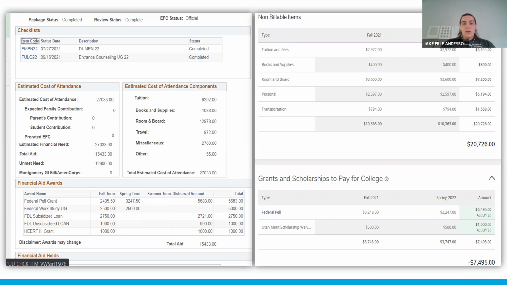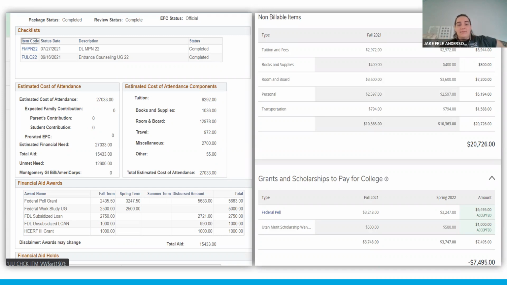With these two award letters, we have one from the University of Utah, and the other is from Dixie State University. The one on the left is University of Utah, the one on the right is Dixie State University. With a specific student, if at the U they didn't have to worry about room and board, say they were living with their parents, that would be a significant reduction in cost.